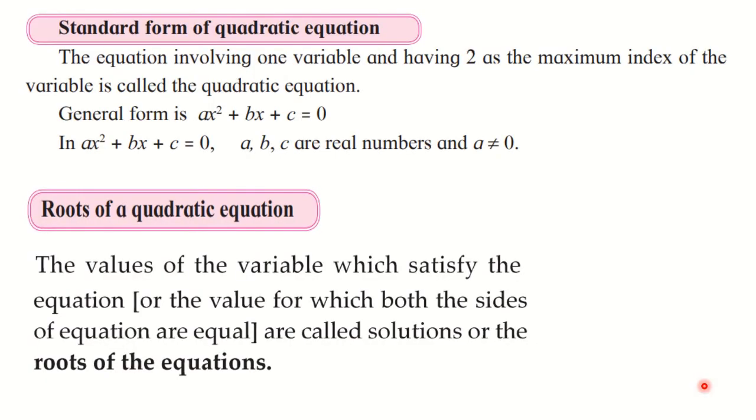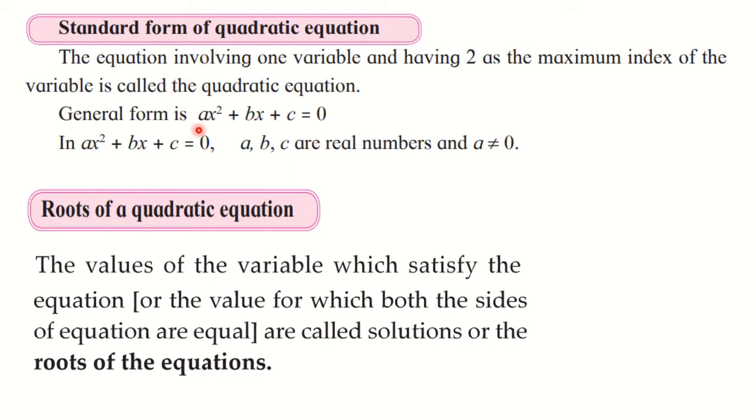So let us start. First of all, let us see the standard form of the quadratic equation. You know that the equation which is having one variable and having 2 as the maximum index of the variable is called a quadratic equation. So when the index is 2, we call it quadratic.